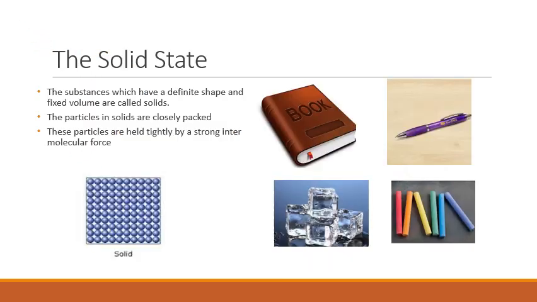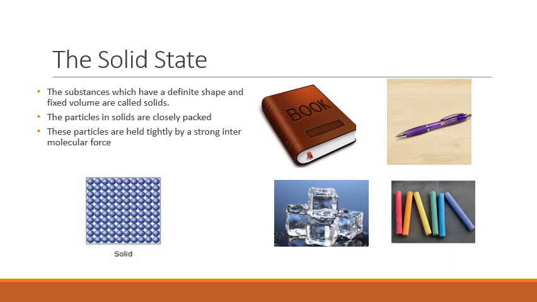The solid state. The substances which have definite shape and a fixed volume are called solid. So what does it mean? Let's see, there are a few examples of solid: a book, pen, ice, chalk pieces. All these things we call solid because they have a fixed shape.